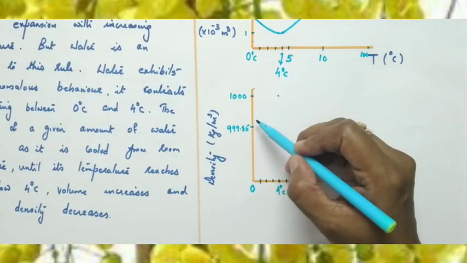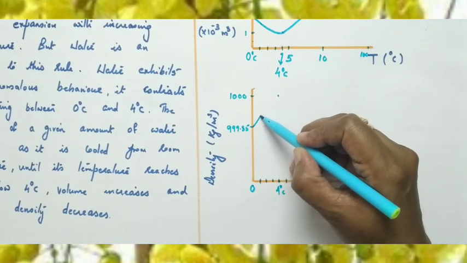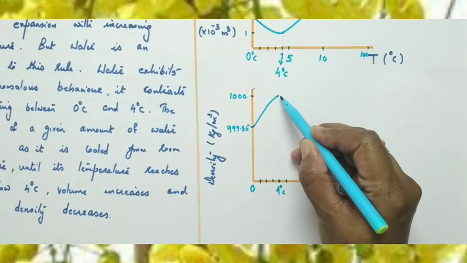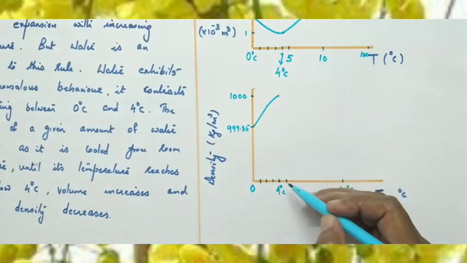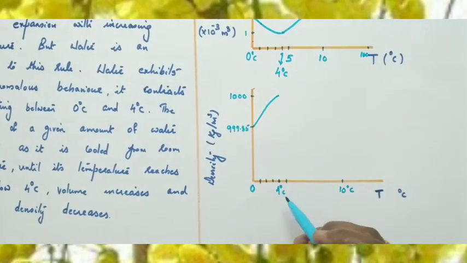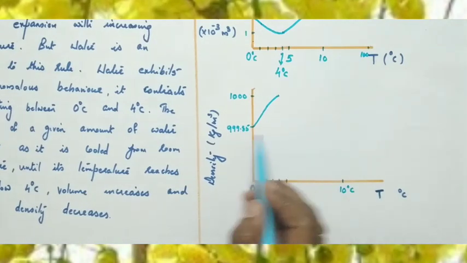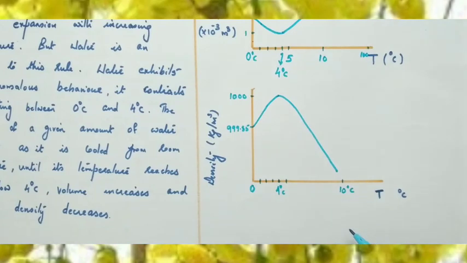Volume decreases, that means density increases. At 4 degrees Celsius, density is maximum, that is 1000 kilogram per meter cube. So water shows maximum density at 4 degrees Celsius. And what happens afterwards as temperature increases? Density decreases like this. Clear?